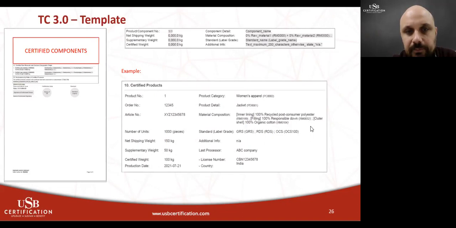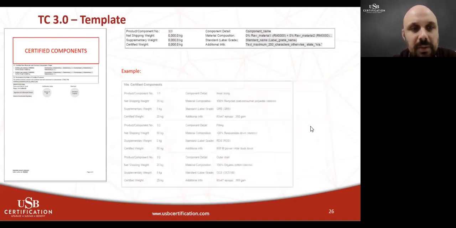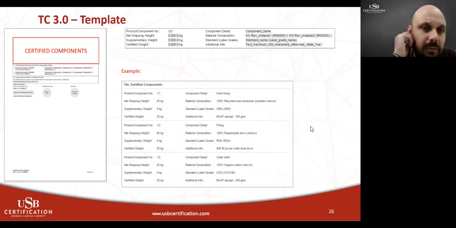So you have three different claims: GRS recycled post-consumer, RDS responsible down, and OCS 100 organic cotton. In box 10A, you have to declare the further details of these components. You see in the component details section, you have inner lining, filling, and outer shell, and they have their own technical information declared, certified weight, supplementary weight, and net shipping weight declared.